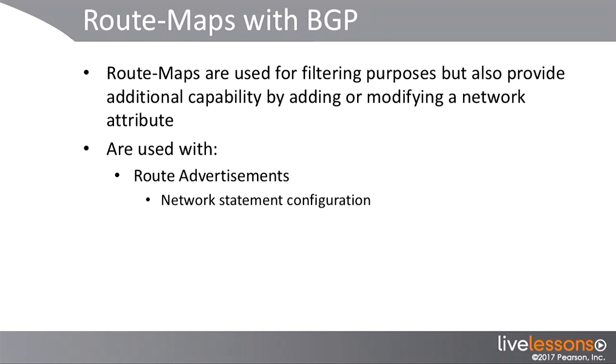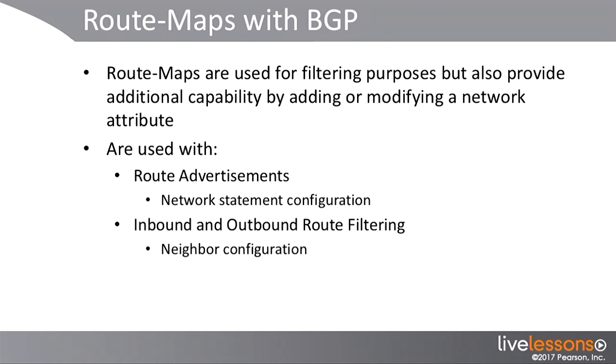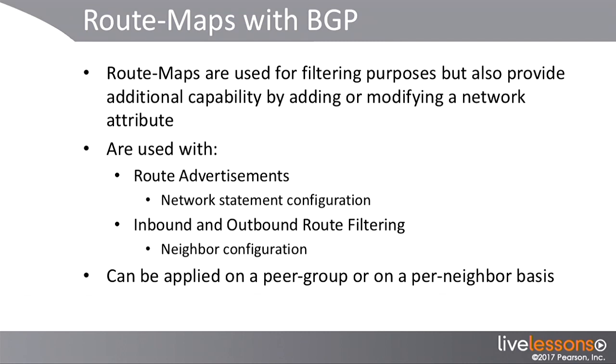You can use them with inbound and outbound route filtering, based on a network statement or based on a neighbor configuration. The route maps can also be applied on peer groups or on a per neighbor basis. Based on whether you're applying the inbound or outbound direction, the actions can be performed by the route map. In the route map, you have both the match and the set operation.